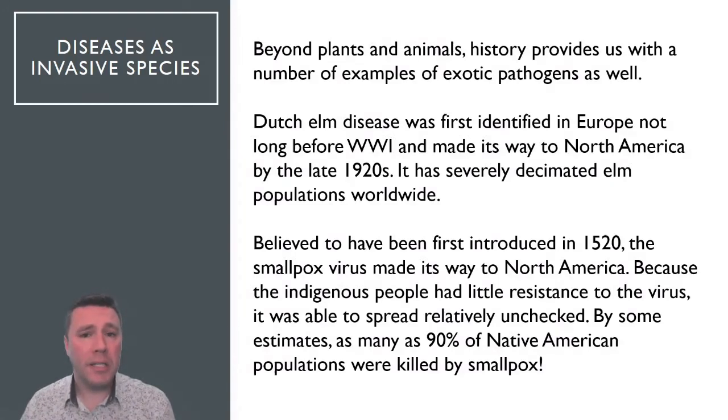Although it was unintentionally first brought to North America, there are many historical examples of its intentional use to try to attempt genocide on Native American populations. Some estimates sadly state that up to 90% of Native American populations were eradicated by the smallpox virus.